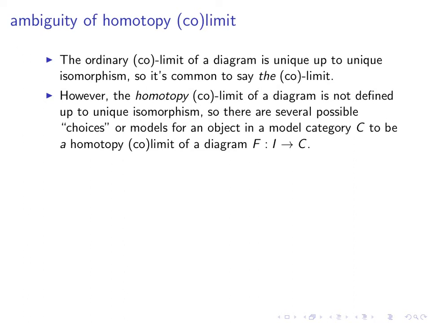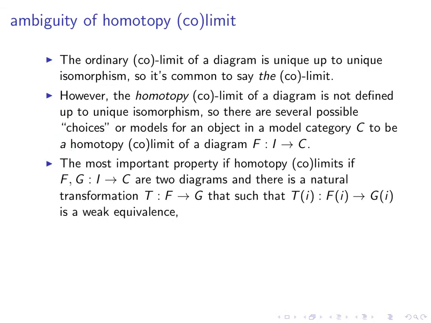However, the homotopy colimit is not defined up to unique isomorphism, and there are several possible choices, called models, for an object in a model category to be a homotopy colimit or limit of a diagram.